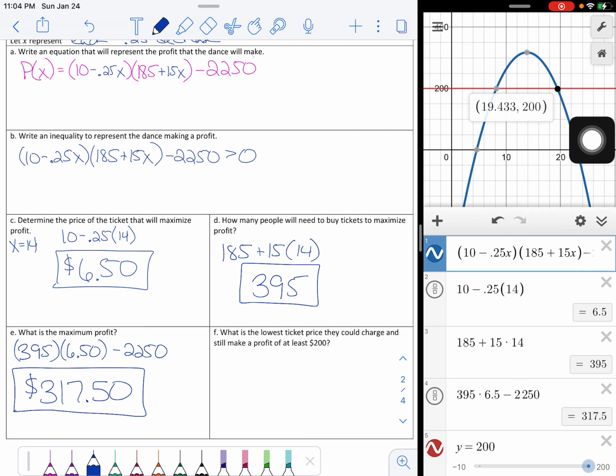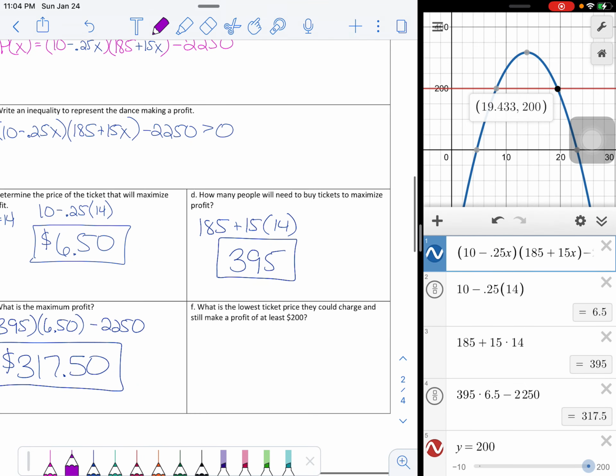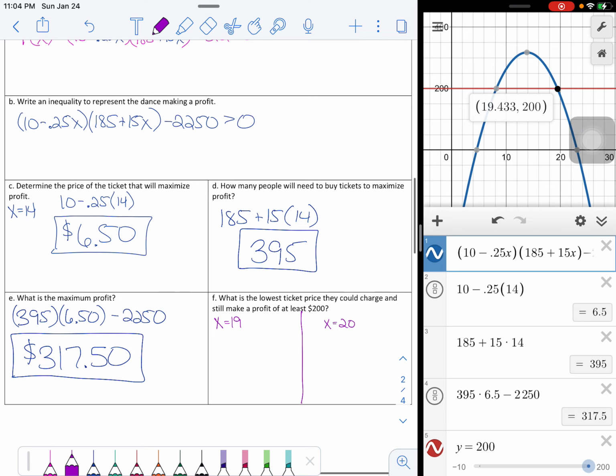So x is either going to equal 19 or x is going to equal 20. I'm not sure. I think 20 is going to make the profit go too low, but that's where I want to just do a quick check. So if I do x is equal to 19, so that's going to be 10 minus 0.25 times 19 times, and I'm running out of space here, so hold on one second.